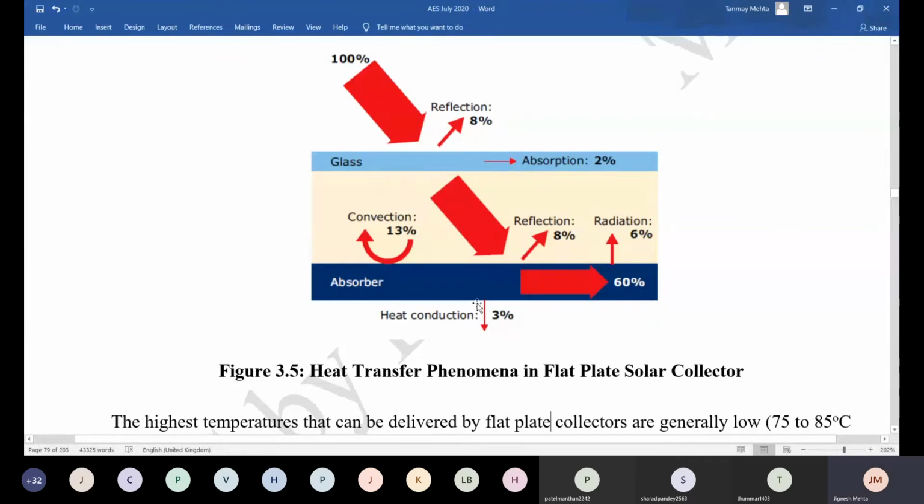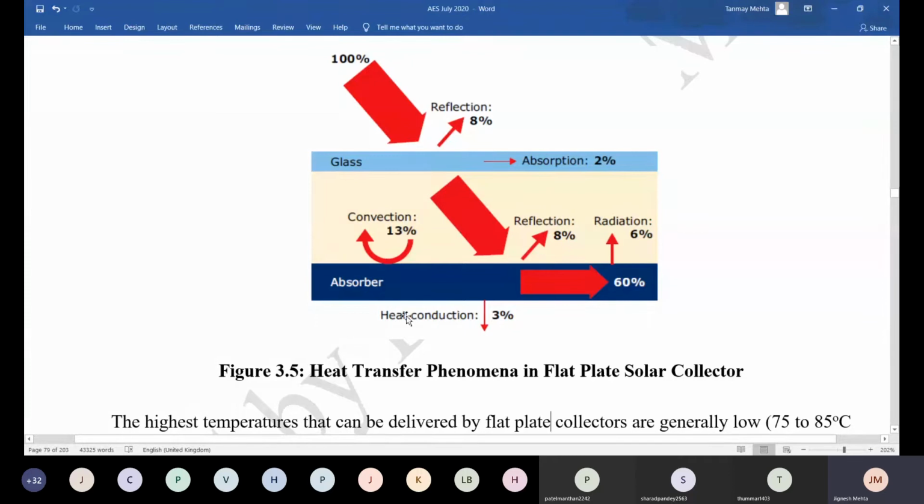Now, the heat conduction loss is shown to be 3%. Now this seems to be a comparatively low value. Okay. What is the reason for that? For the lower value? Because there is insulation, not shown here, but insulation is put below this. If you recall the components of a flat plate collector, right?